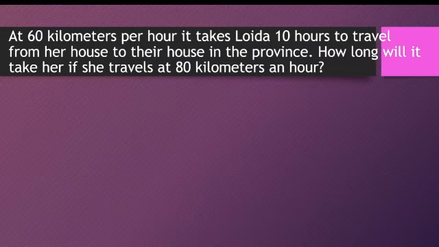So, the last one, at 60 kilometers per hour, it takes Loida 10 hours to travel from her house to their house in the province. How long will it take her if she travels at 80 kilometers an hour? So, yung time na lang, siguro, time traveled will be represented as T. So, time traveled yan.